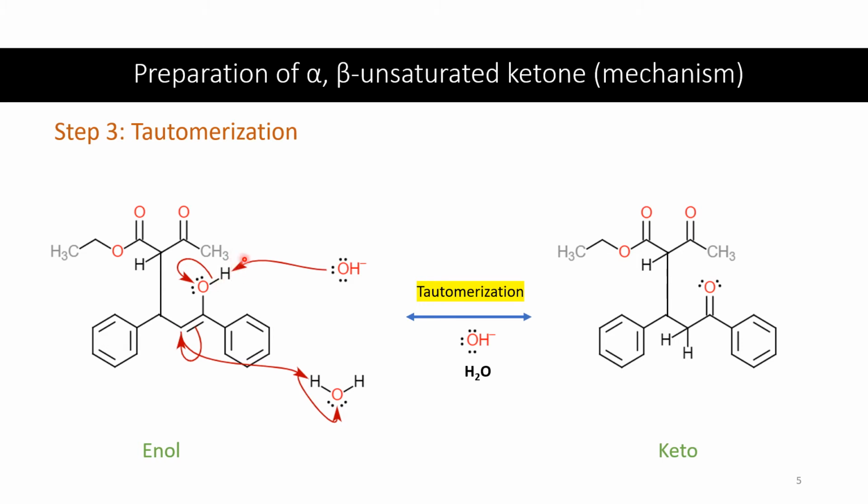So the proton that was on this oxygen is actually shifted to this carbon over here, and it gets rid of this double bond and forms this ketone group again. And the switch between keto and enol form is tautomerization.